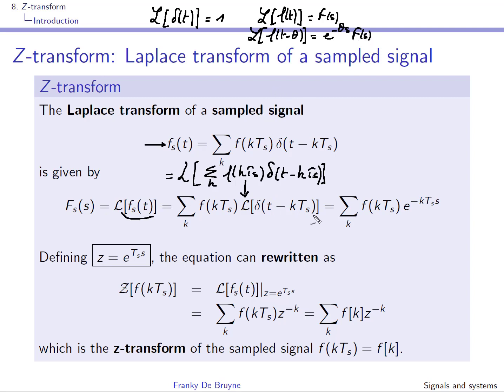So this means that this Laplace transform, where kTs will play the role of tau, is e to the minus kTs s, right?